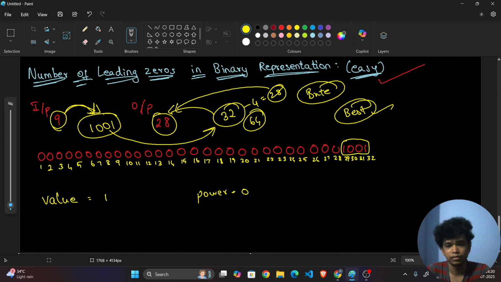See here, this is 2 power 0, this is 2 power 1, this is 2 power 2, here 2 power 3, here 2 power 4. Now I can simply tell you that if some value is in between 2 power 2 and 2 power 3, then it will be of 3 digits.